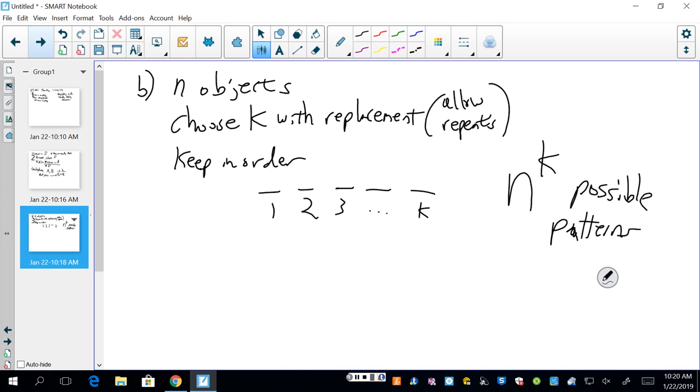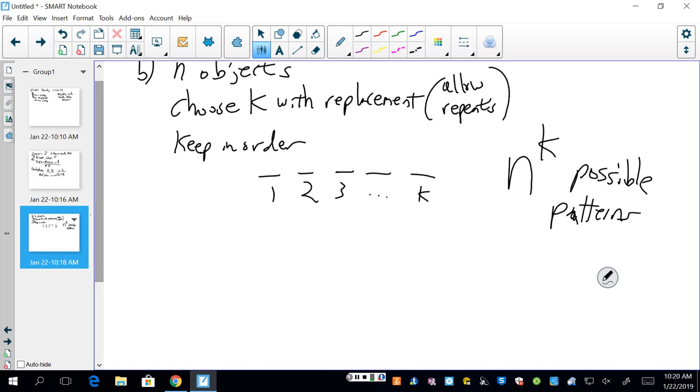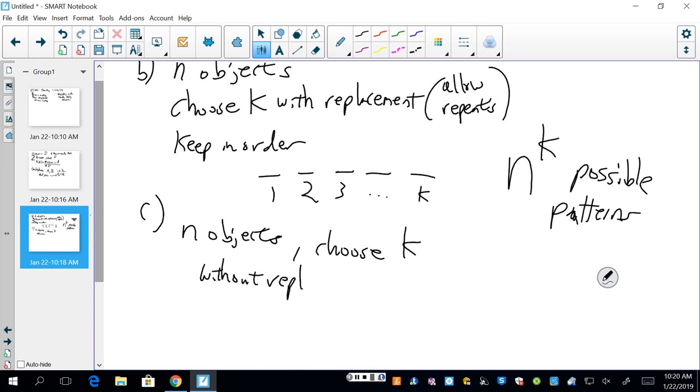If we don't allow replacement, so if we have n objects, and we're going to choose k of them again, and we do it without replacement, that would mean that each of these is a different choice of those n objects.